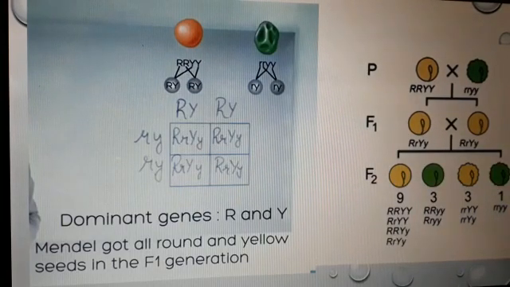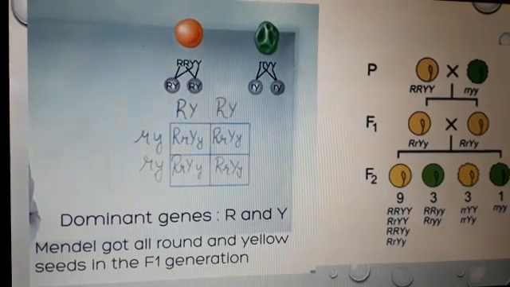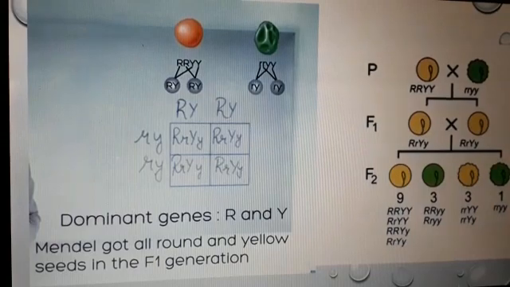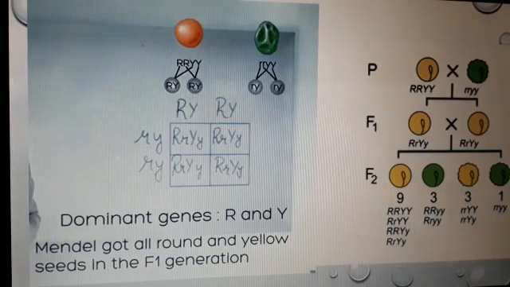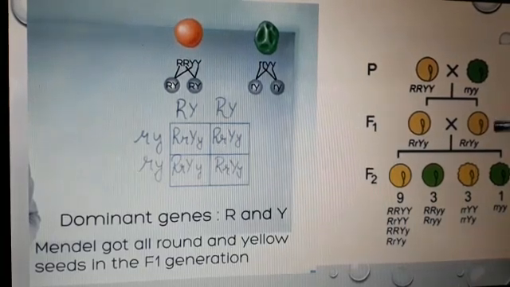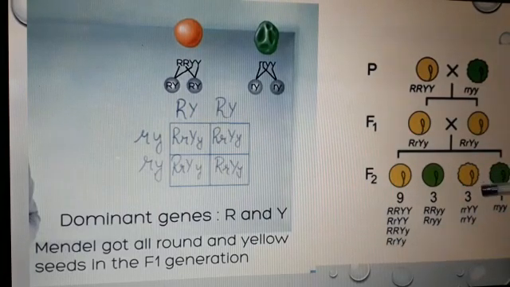Thus, Mendel got all round and yellow seeds in F1 generation, as round and yellow were the dominant characters. Then two plants from the F1 generation were crossbred with one another to get the F2 generation.